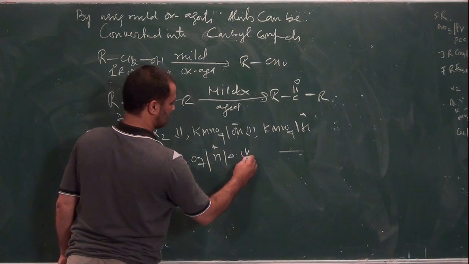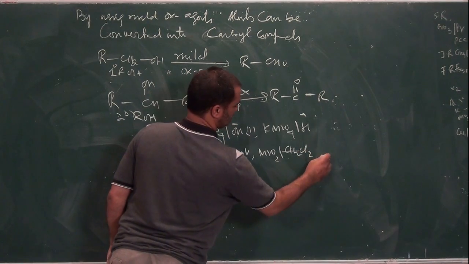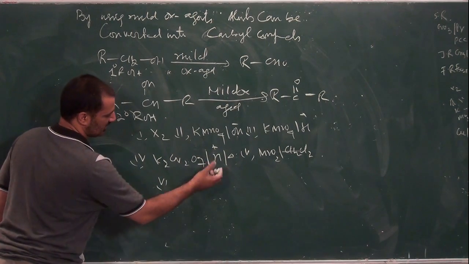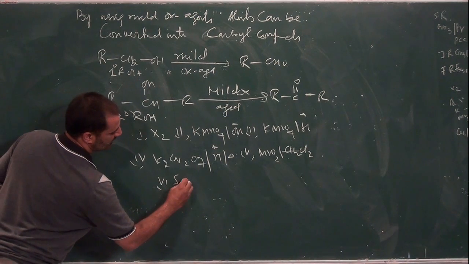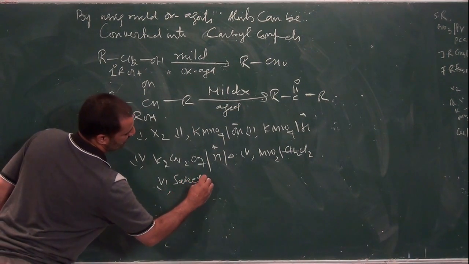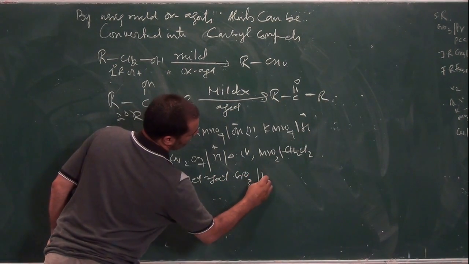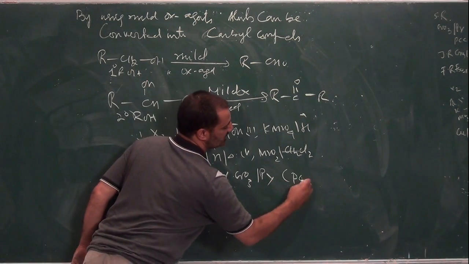Fifth, MnO2 in CH2Cl2. Sixth, Sarett reagent, which is CrO3 in pyridine, that is pyridinium chlorochromate. We can simply say PCC.